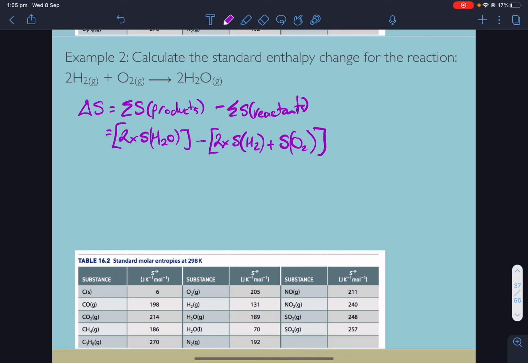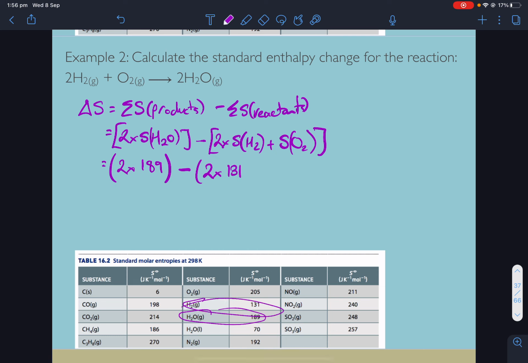Close your brackets. Okay. 2 times the entropy for water is just here. Oh, is it gas? Whew. Check your state too. See how they're slightly different? So for water, gas is 189 joules per Kelvin per mole. Minus 2 times the entropy for H2. There it is right above, 131. Plus the entropy of O2, we used that before, didn't we?